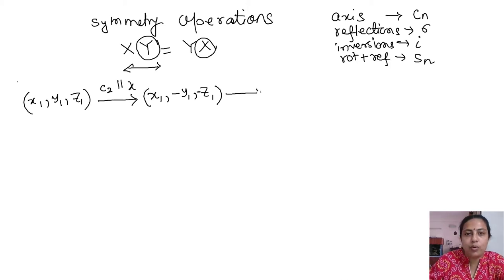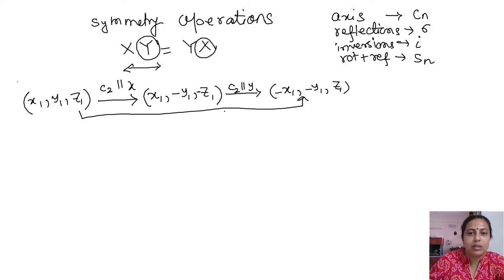Then you do C2 parallel to Y, so you are going to get minus x1, y1, and then minus z1. This is like C2 parallel to Z.